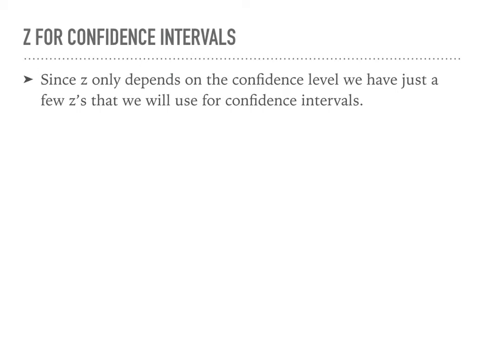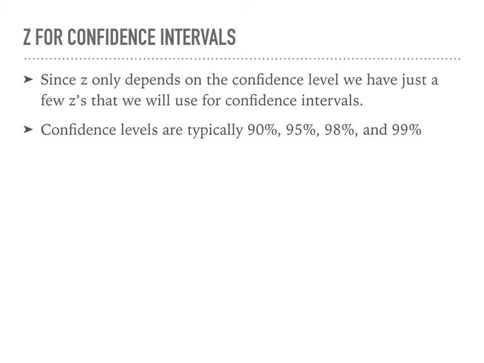Since these z-values depend only on the confidence level, there's only a few z's that we will commonly use for confidence intervals. Since the confidence levels are typically 90, 95, 98, or 99, let's just go ahead and find these z-values accurate to 2 decimal places.